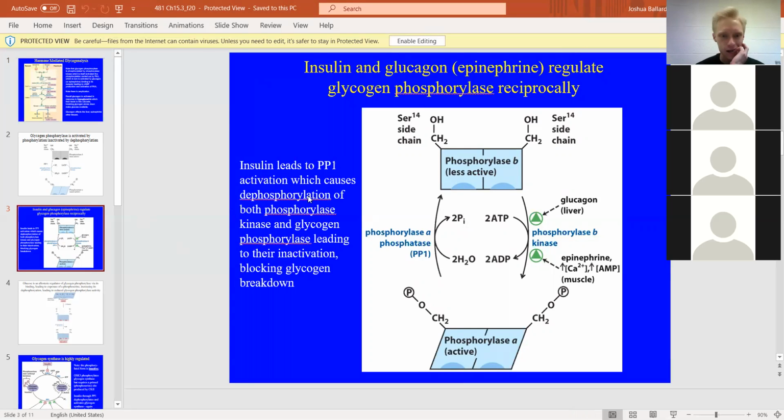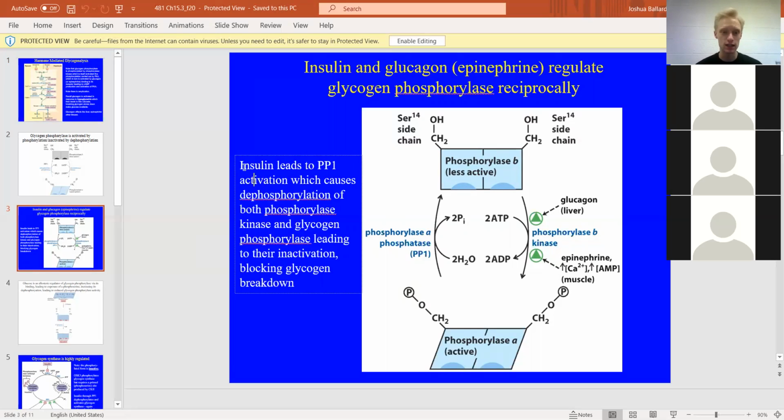Which is from the insulin? Yes. Insulin leads to PP1 activation, which causes dephosphorylation of phosphorylase, and that leads to its inactivation. Like I said before, know what insulin does and its role, because insulin has a pretty large range of roles. You just need to know how insulin affects these different processes.